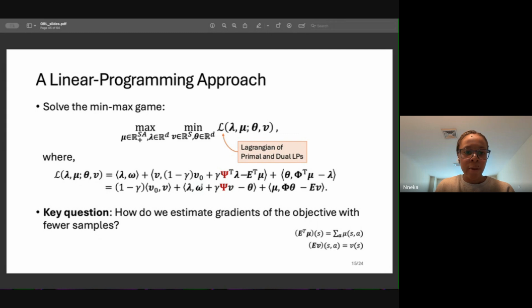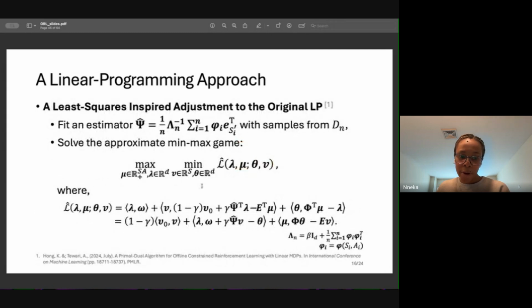So given this question, well, this has been partly answered in Hong and Tewari, thanks to this least squares inspired adjustment to the original LP, which follows two steps. First, they fit an estimator psi hat of the true transition model weight psi using samples from the dataset.